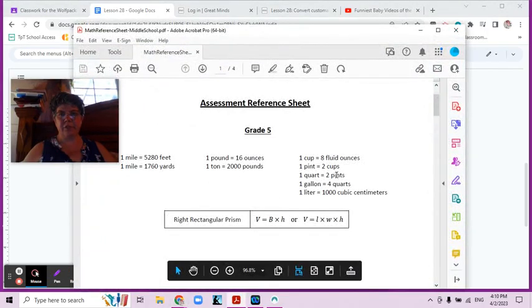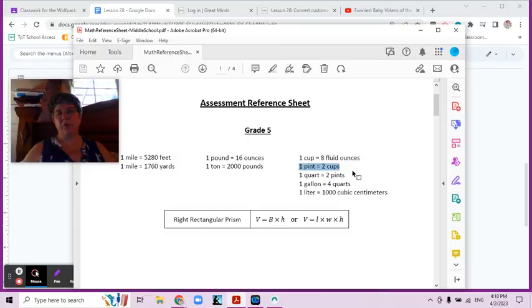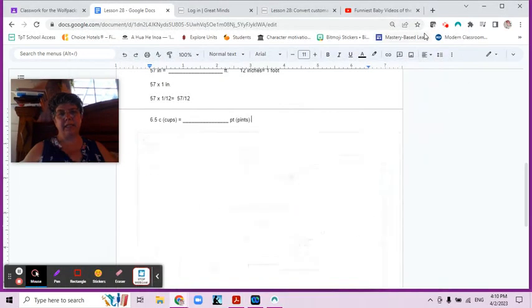Let's look at our reference chart. 2 cups in 1 pint. Okay, so 2 cups in 1 pint, that means that 1 cup is half of a pint, right? There's 2 cups inside of 1 pint. Picture a pint. It's about this big. It's the tall one that your parents might get creamer in, kind of tall and skinny.